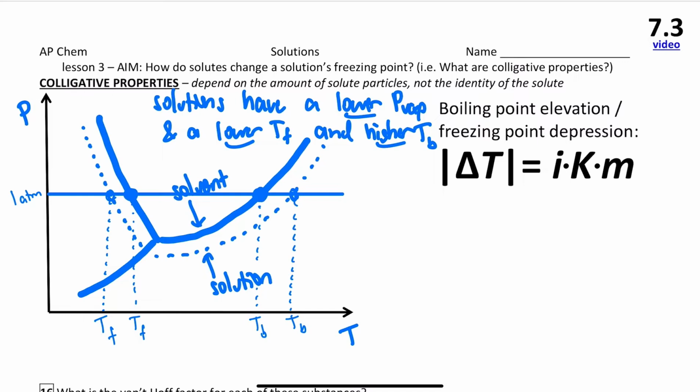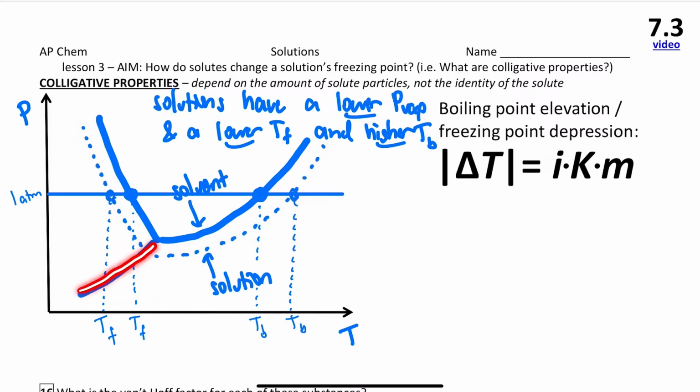So because of the lower vapor pressure, which, as we talked about last time, is a result of favorable interactions between the solute and the solvent, so they want to stay mixed, they want to stay combined, we see a lower vapor pressure. So these two lines are lower down.